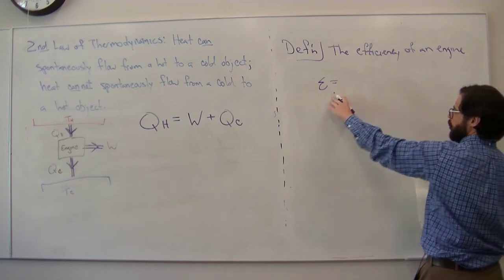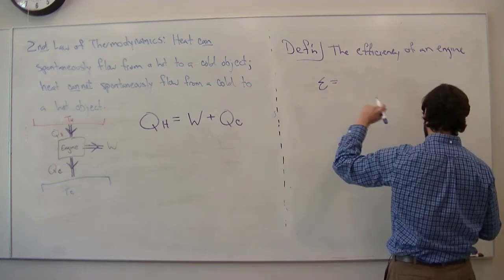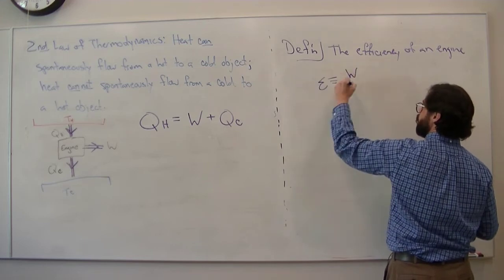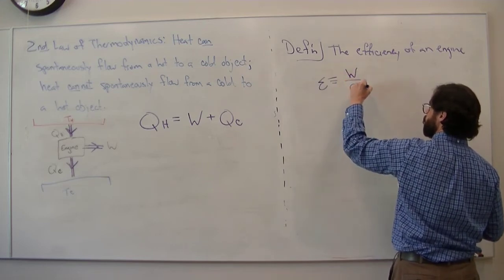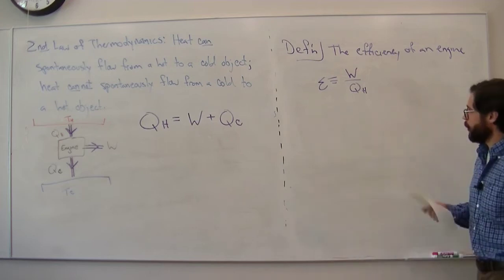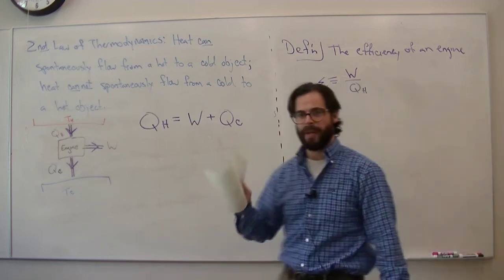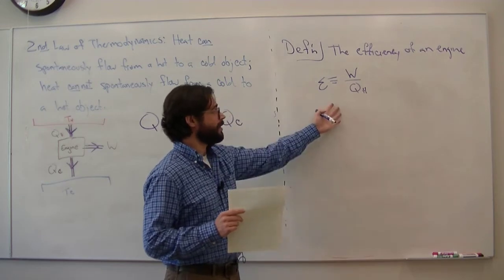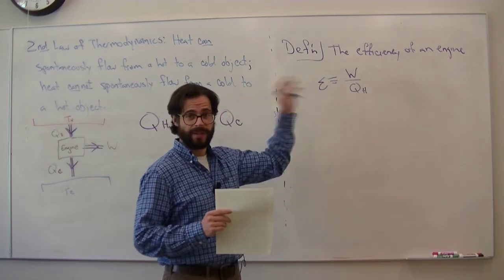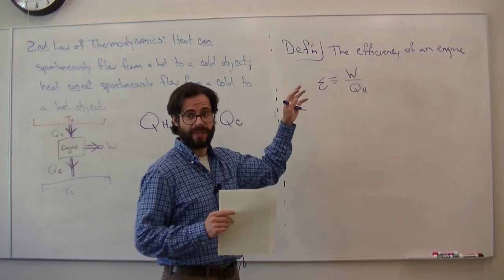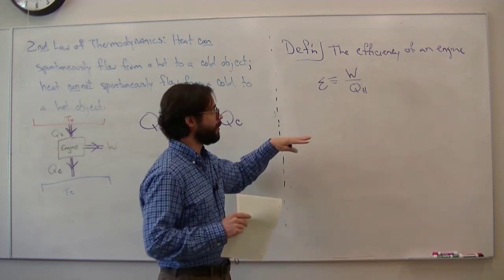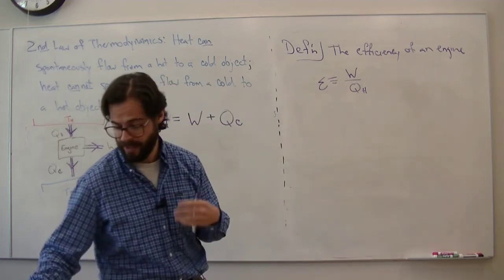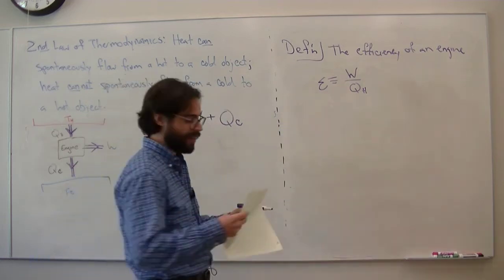I think in your textbook it's one of these squiggly epsilon e's. And this is a definition. We'll just define this as the ratio of useful work to the amount of heat that you withdraw from the hot reservoir. So let's say that you, for instance, pull 100 joules of heat energy out of the hot reservoir. You convert it all to work. So that's 100 joules, that's 100 joules. That would be efficiency 1, or the maximum efficiency.